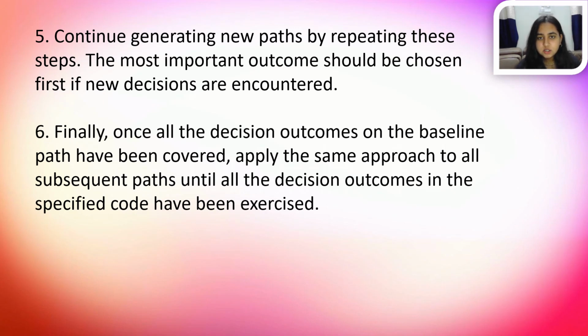Continue generating new paths by repeating these steps. The most important outcome should be chosen first if new decisions are encountered. Finally, once all the decision outcomes on the baseline path have been covered, apply the same approach to all subsequent paths until all the decision outcomes in the specified code have been exercised.